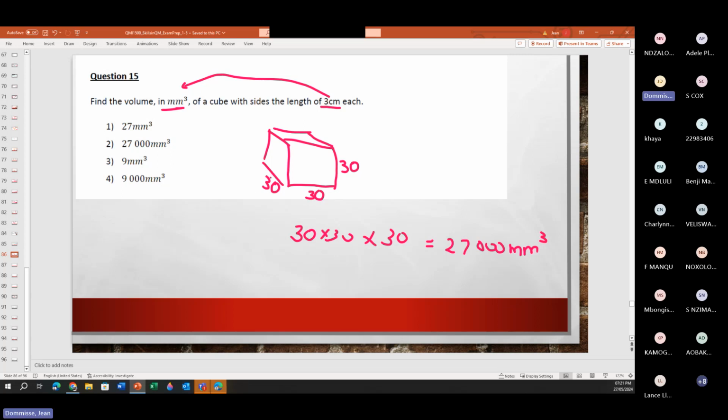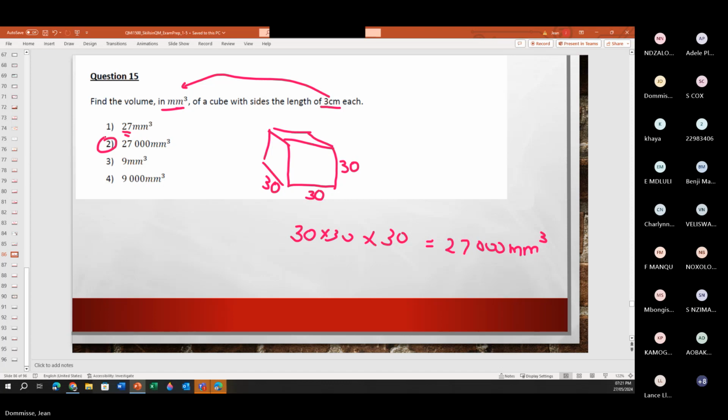If we just said 3 times 3 times 3, we would have gotten 27. But it is 30 times 30 times 30, which gives us the 27,000.